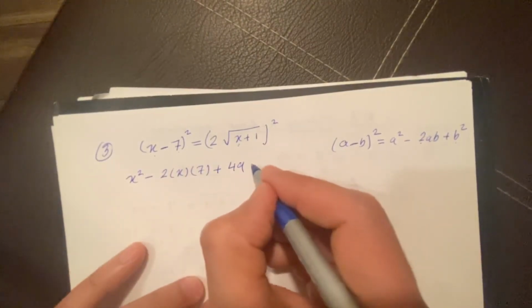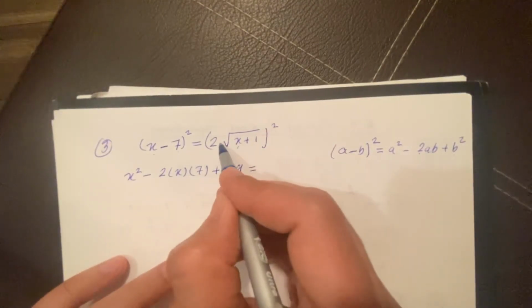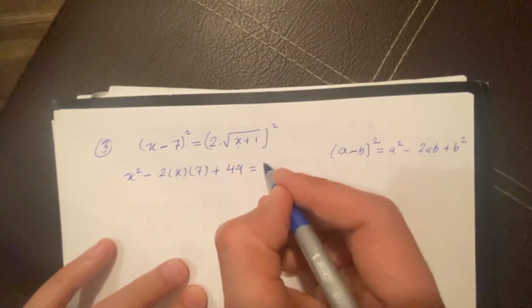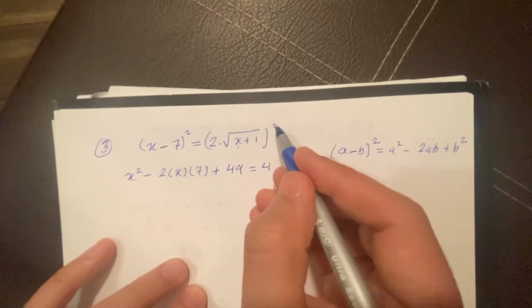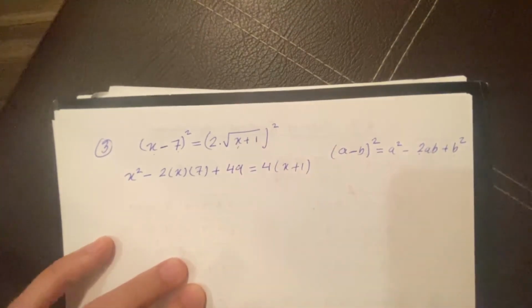And on the right hand side, there is a multiplication here. So 2 squared is 4, and the square cancels with the square root, so we just have x plus 1.